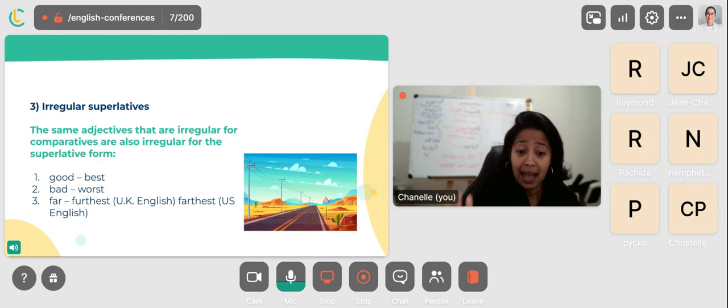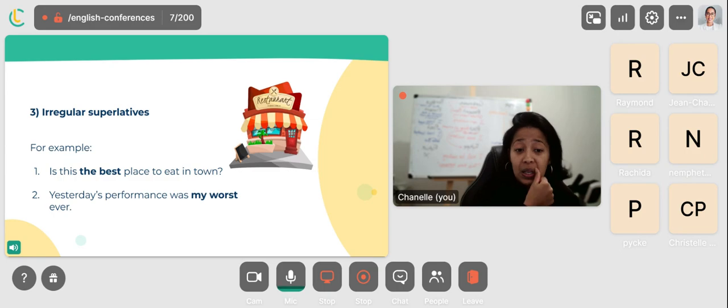We have bad for our adjective, we have worse for our comparative, and we have worst for our superlative. We have far for our adjective, further for our comparative, and furthest for our superlative. Some examples of these irregular superlatives are: is this the best place to eat in town? Yesterday's performance was my worst ever.